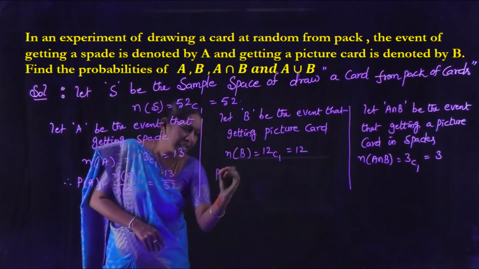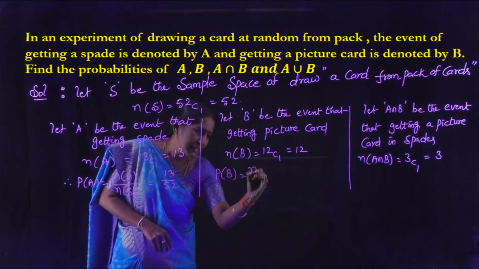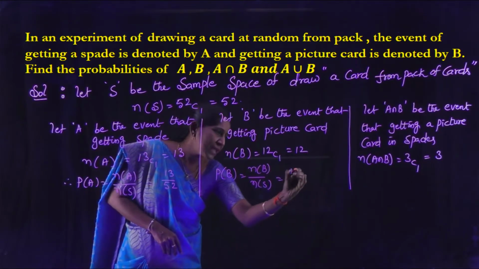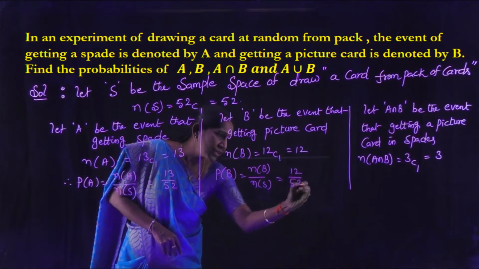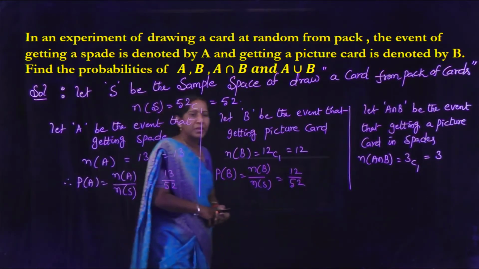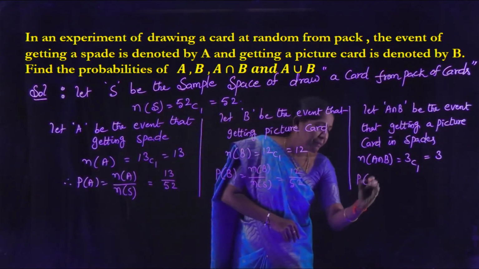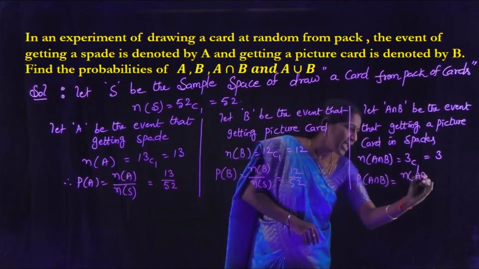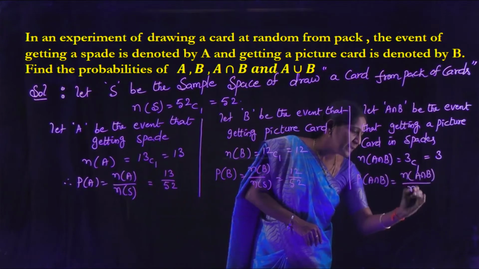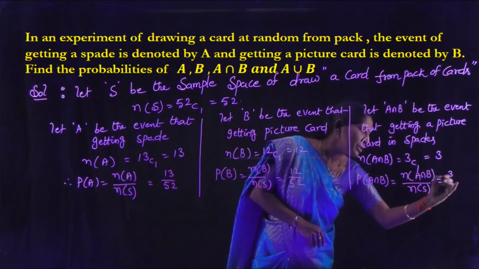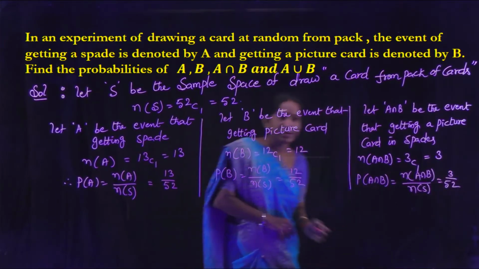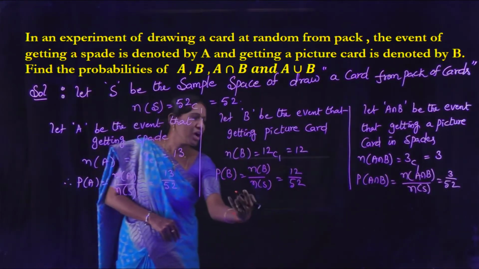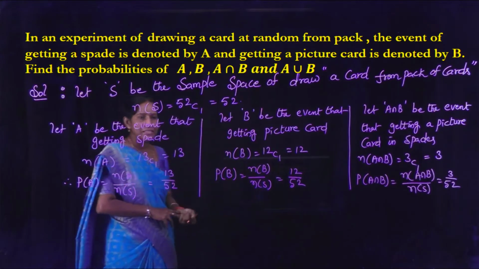And P of B is n of B by n of S. N of B is 12 and n of S is 52. And P of A intersection B is n of A intersection B by n of S, that equals 3 by 52.